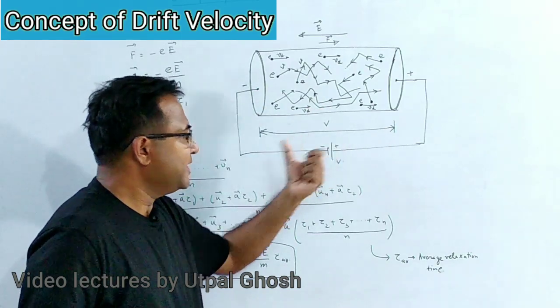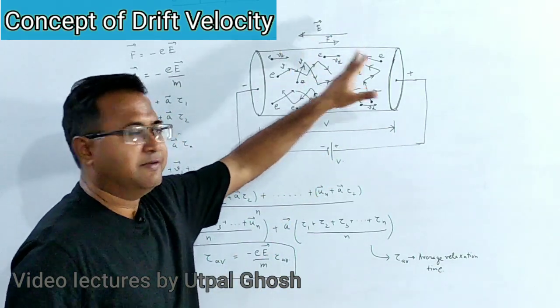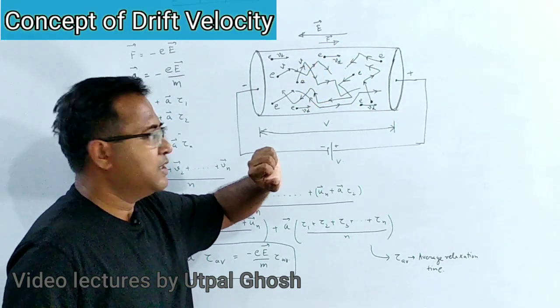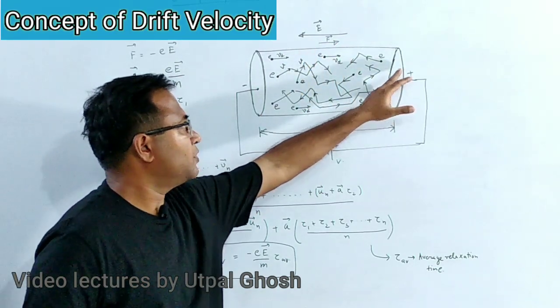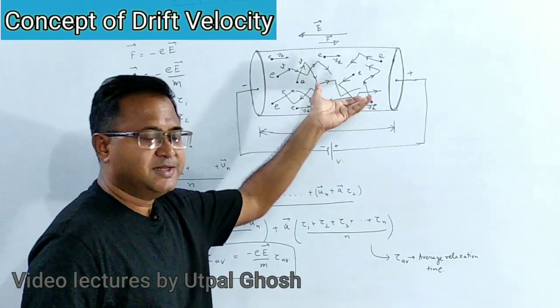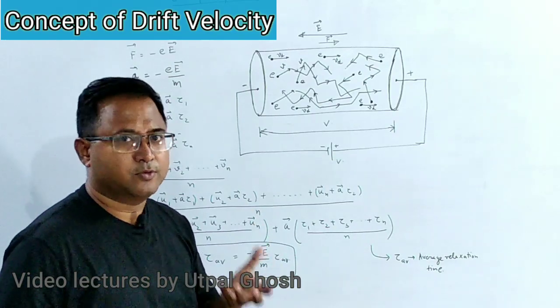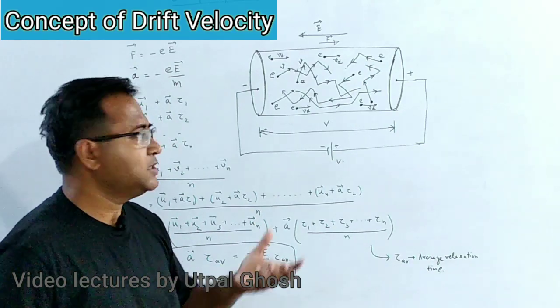So when we apply a potential difference across it, an electric field is developed across the conductor. The electric field is directed from the positive end to the negative end, and we know that when we place a charged particle inside an electric field, it will experience a force, and that force is given by qE.